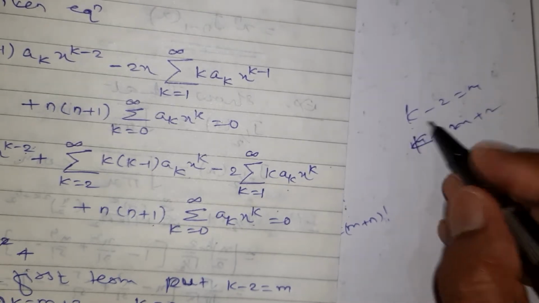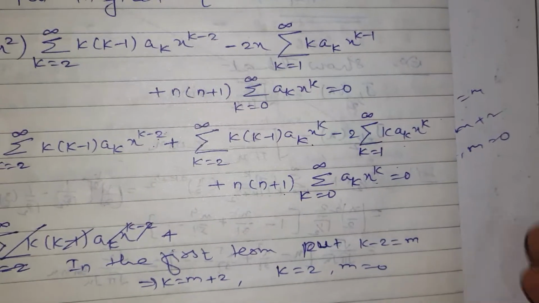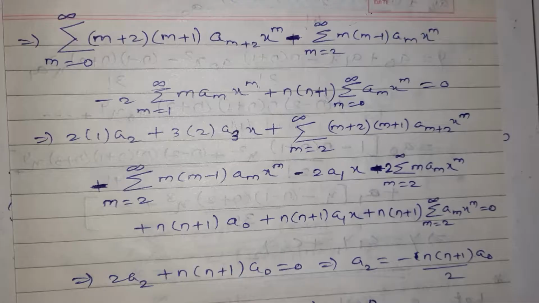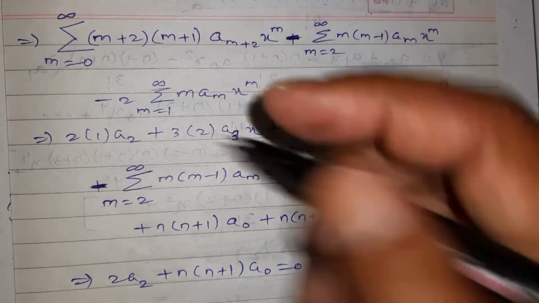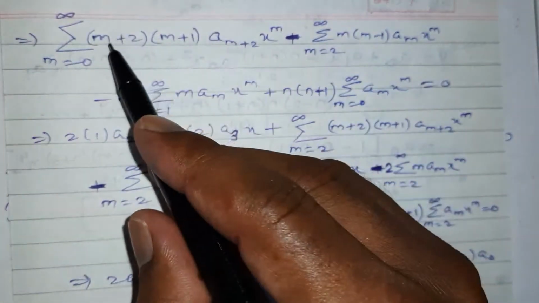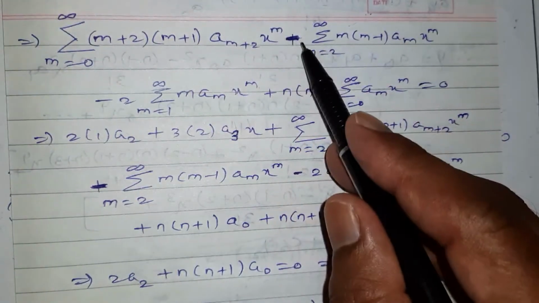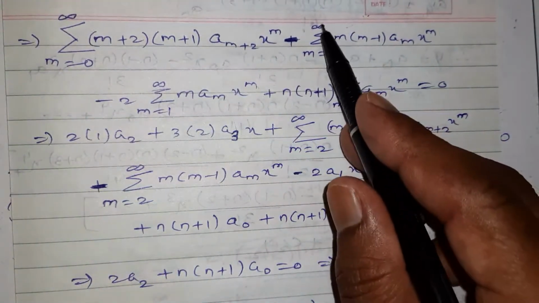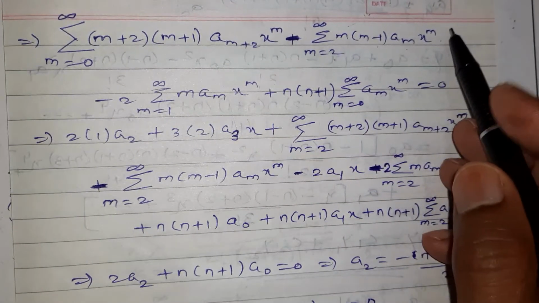And as my k starts from 2, my m starts from 0. Use that concept and write down the series in terms of m now. So m equal to 0 to infinity, (m plus 2)(m plus 1) am plus 2 x raised to m, minus m equal to 2 to infinity, m into (m minus 1) am x raised to m.